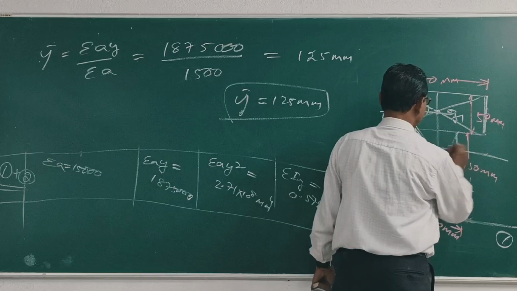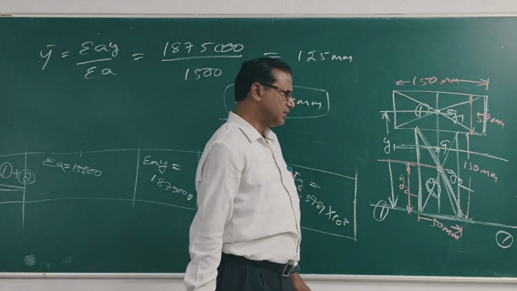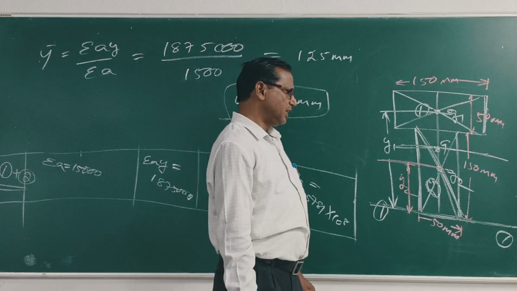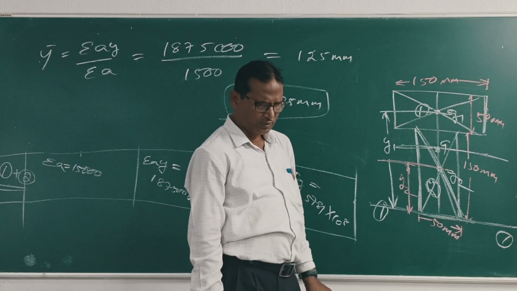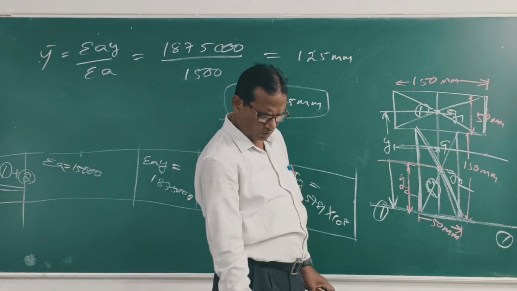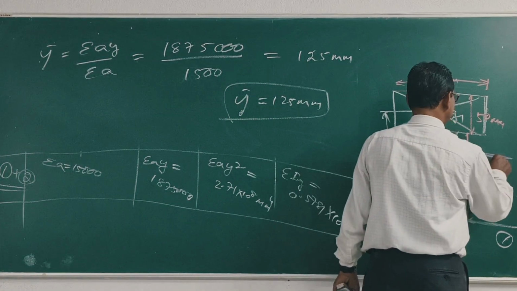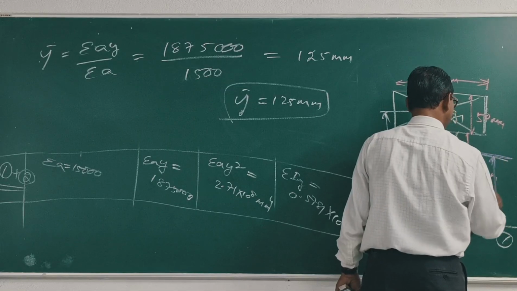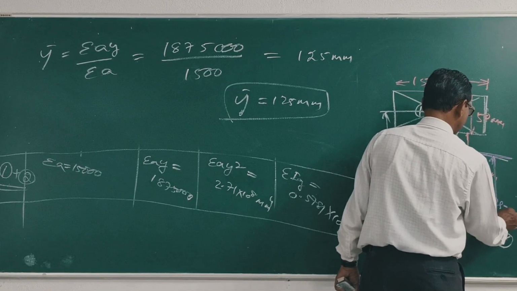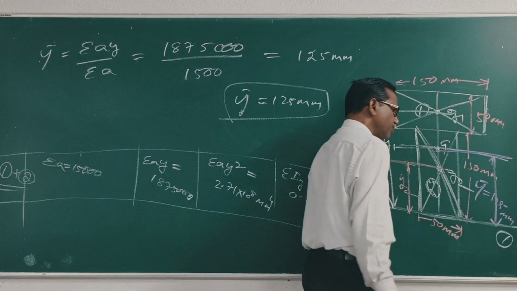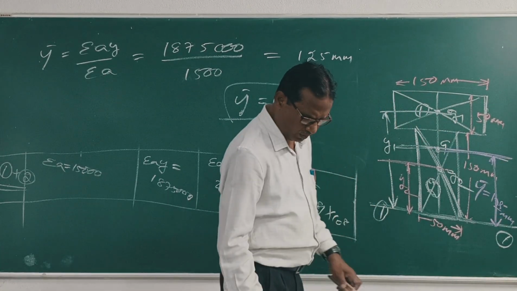This is G, the distance of G from line 1. So this is equal to y bar. Y bar is equal to 125.